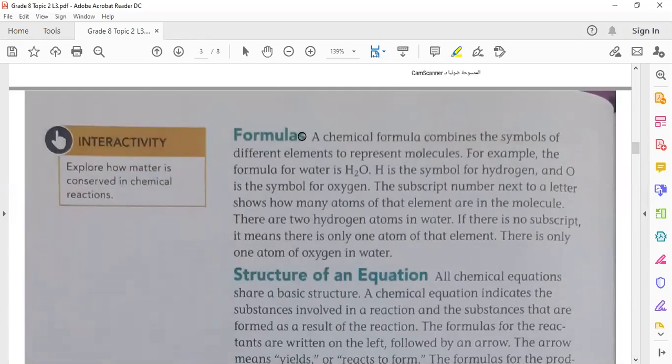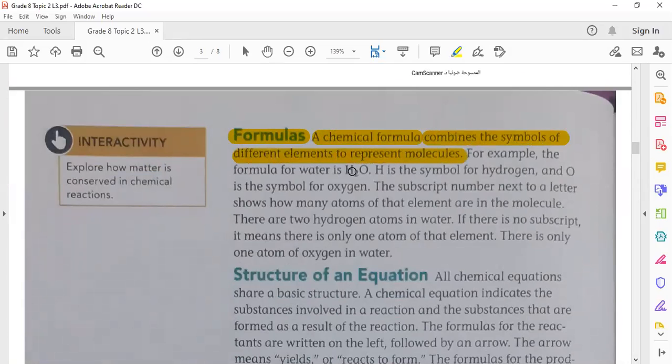The first thing you have to learn to write a chemical equation is that you must understand the chemical formula. Each substance, whether it is a molecule, compound, or element, has a chemical formula. What is a chemical formula? A chemical formula combines the symbols of different elements to represent a molecule.